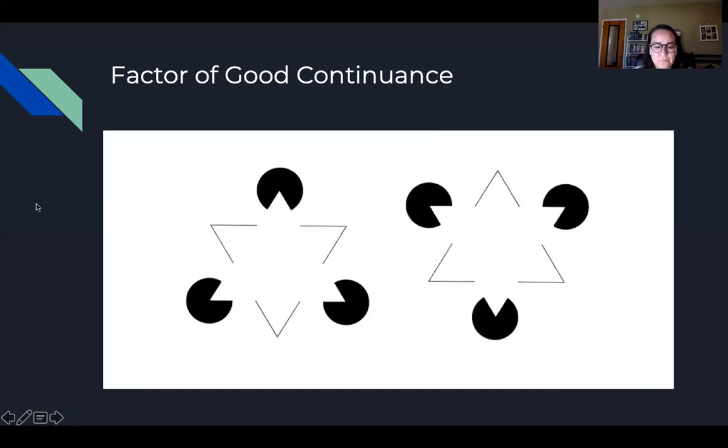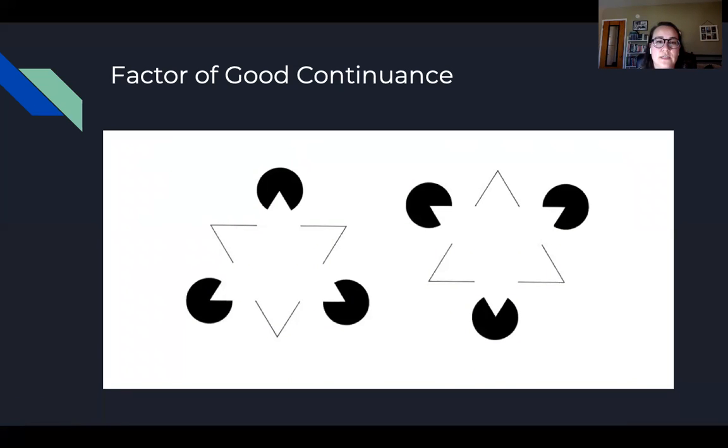And then the last big factor is called the factor of good continuance. It's sometimes also called the factor of closure. This is our mind's tendency to close lines or even continue lines that are actually not present.